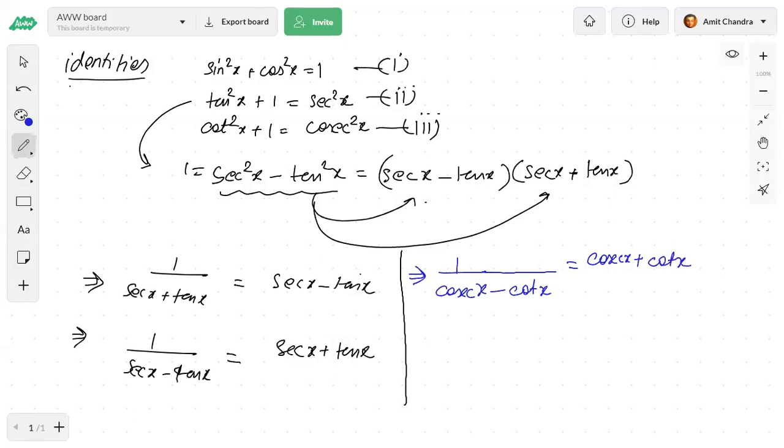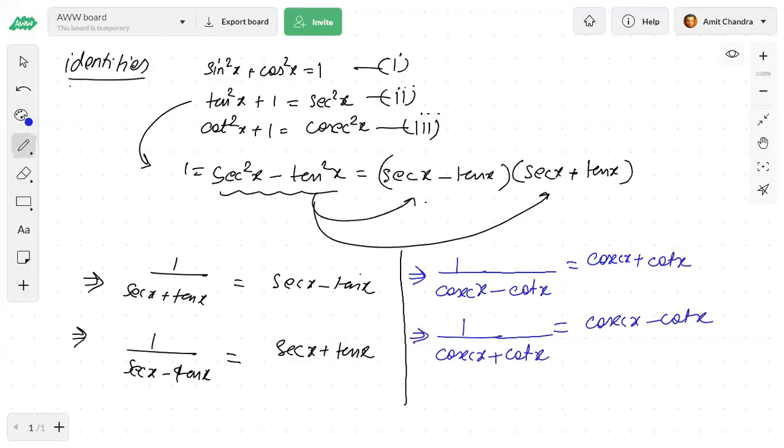And if I take this in the denominator, this will also become 1 by cosec x plus cot x is equal to cosec x minus cot x.